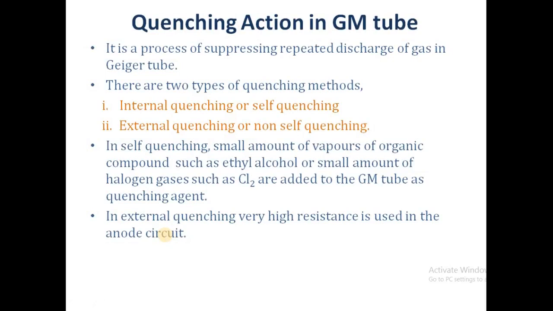In the construction of the GM tube, we have seen the counter gas is mixed with some trace amount of ethyl alcohol as a quenching agent. Here we will learn about the quenching action.